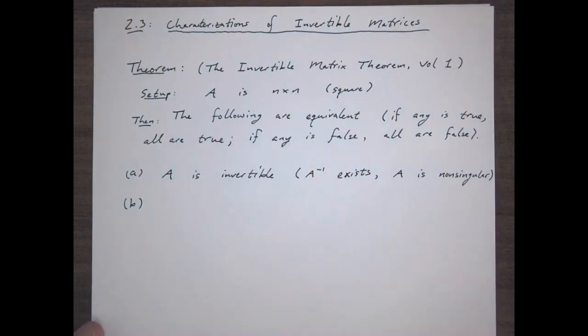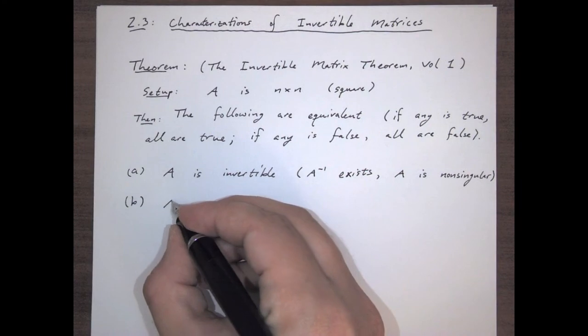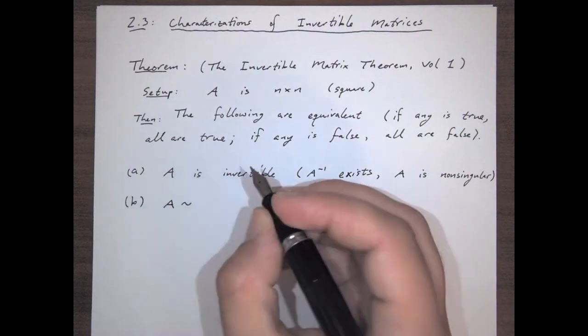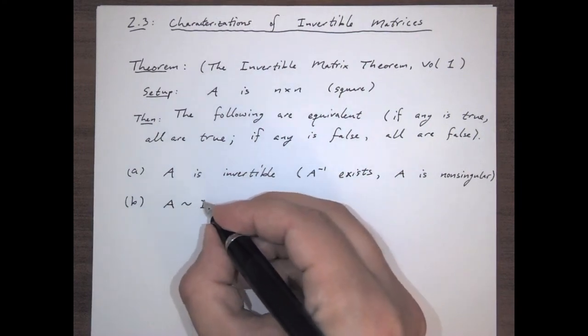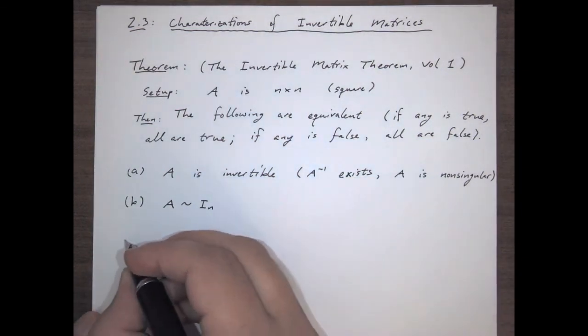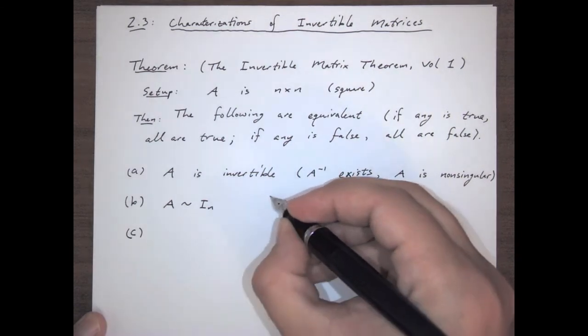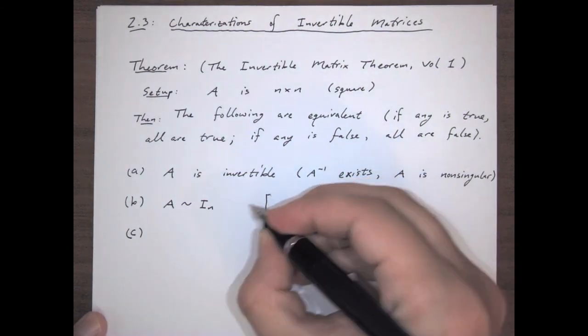So if A really does have an inverse, that must mean that the stuff on the left row reduced to make the identity. So in other words, A is row equivalent to the identity matrix. And here the identity matrix is the n by n identity because we are talking about n by n matrices. But wait, what does that mean? So the identity matrix, so remember.